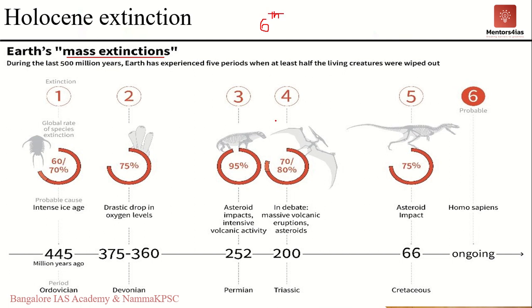And the sixth mass extinction is actually going on. The sixth mass extinction is known as the Holocene extinction or the Anthropocene extinction. So you should consider yourself fortunate or maybe even unfortunate to actually live in an era where you're able to see or witness species going extinct.